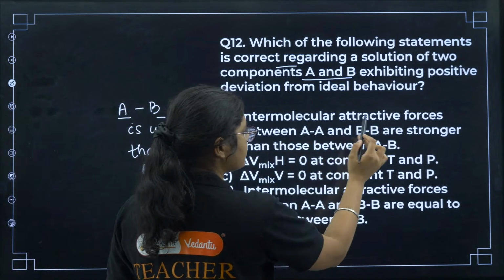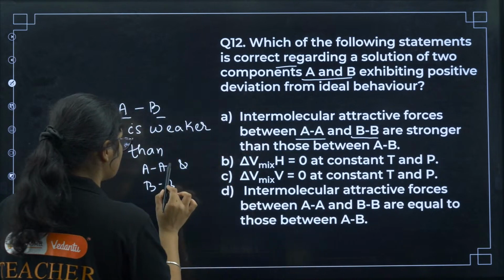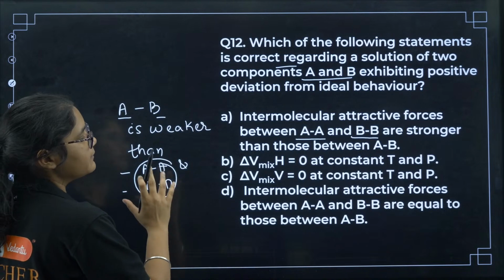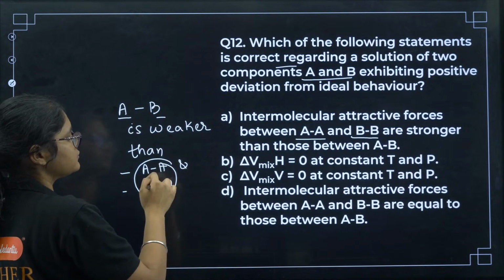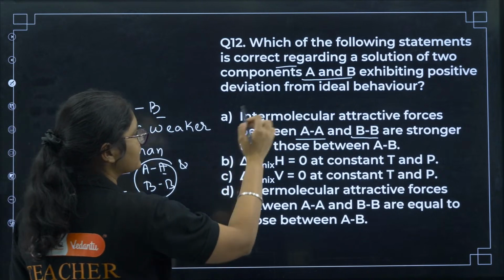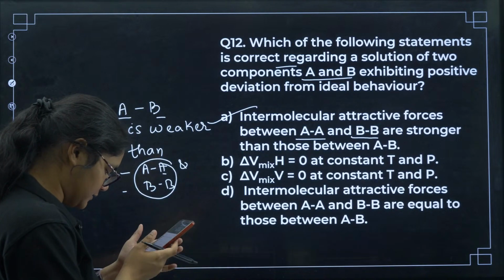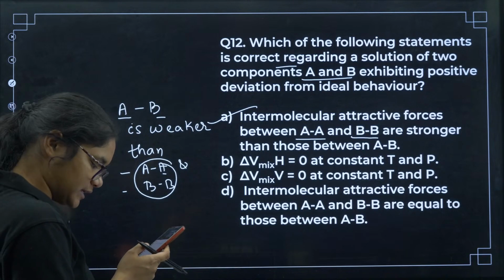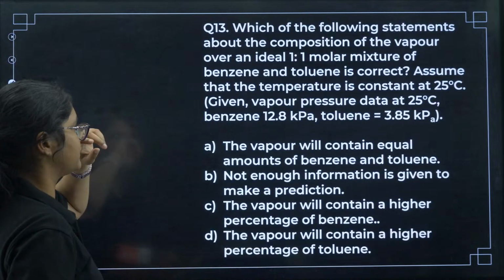So the intermolecular attractive forces between AA and BB will be stronger than the AB interaction. In that case, we get positive deviation. So option number A is the correct answer. Students are giving different answers. I don't understand why, these are very direct and easy questions.